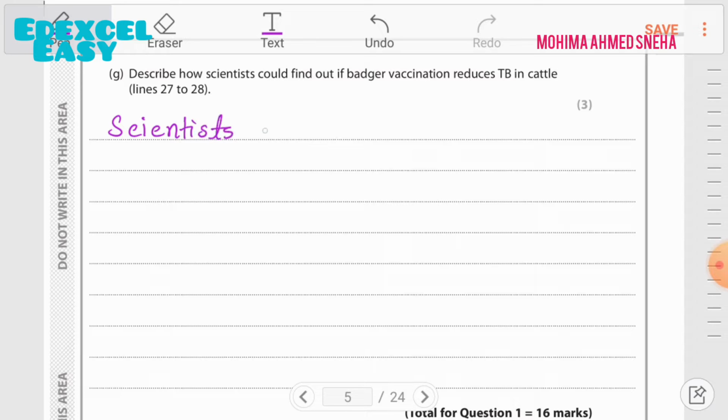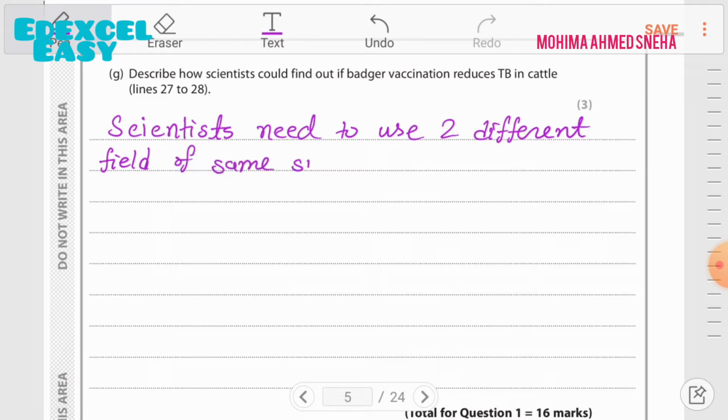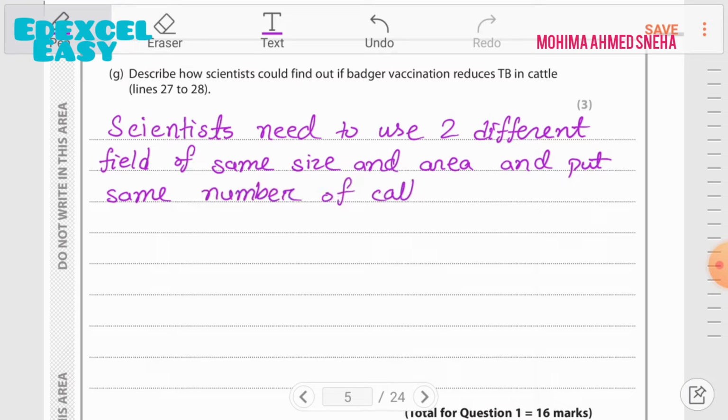Scientists need to use two different fields of same size and area and put same number of cattle in them.